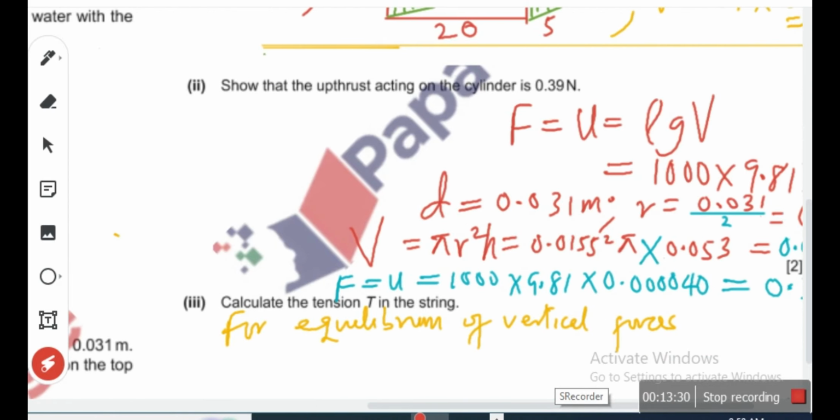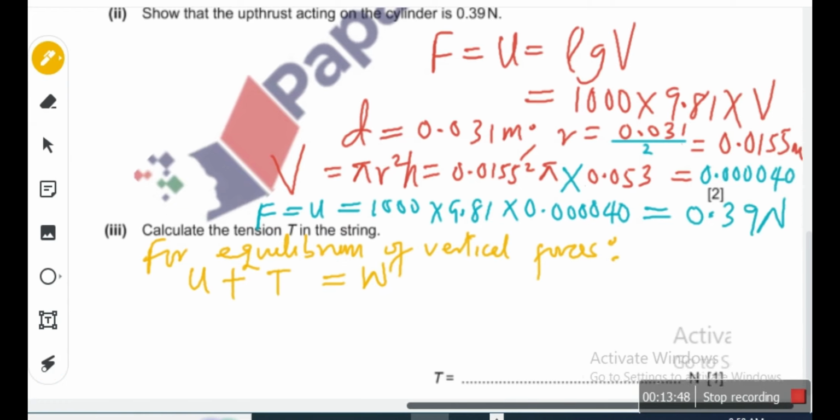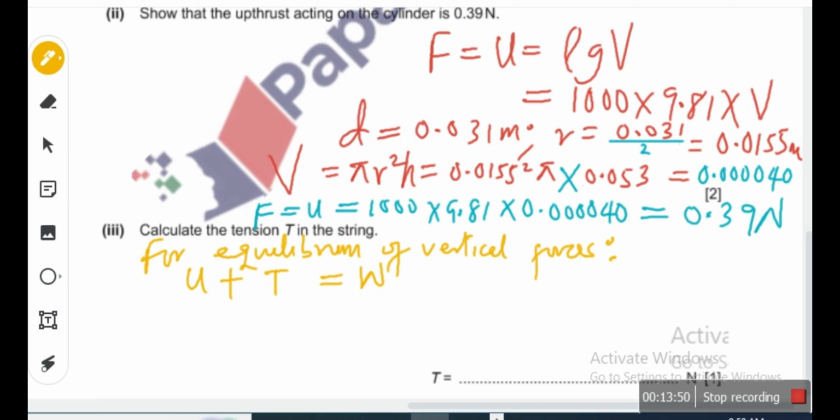So, for equilibrium of vertical forces, the up thrust plus the tension must be equal to the weight. And the tension is what we're looking for. It says calculate the tension in the string. So, we already found the up thrust to be what? 0.39, isn't it?